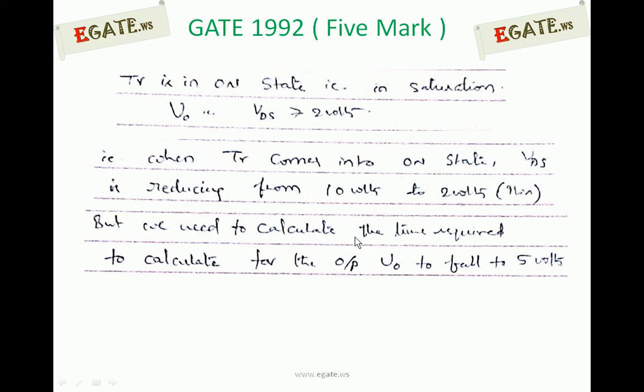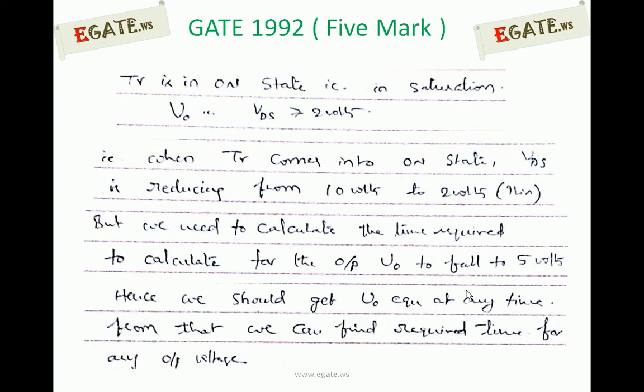But we need to calculate the time required for the output V0 to fall to 5 volts. So you should get an equation that gives the output voltage at any point of time. V0 at any time, you must get an equation.